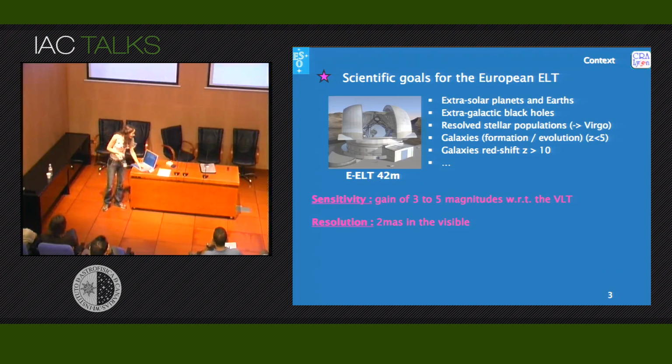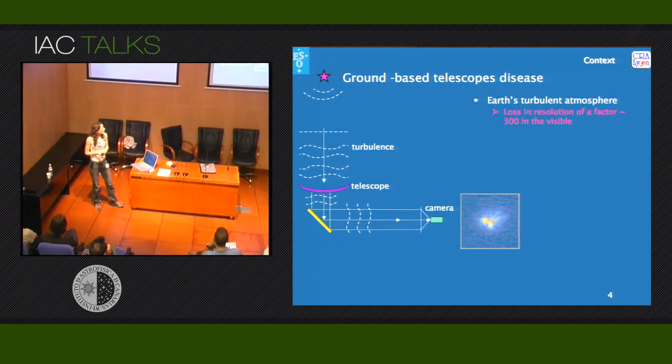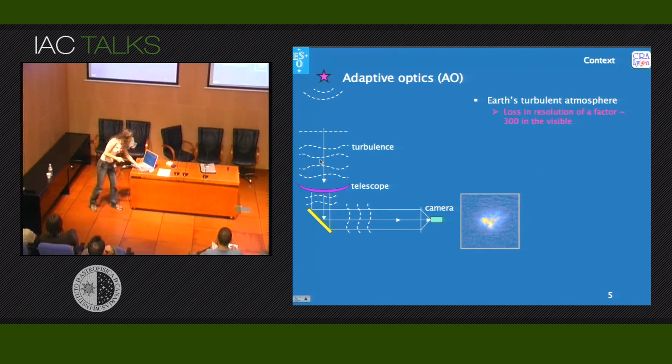But this is theoretical because the ground-based telescopes suffer from one disease, which is the turbulent atmosphere of the Earth. And so when you observe one star, the wavefront, just to remind what's adaptive optics, goes through the turbulence of the atmosphere and is perturbed.